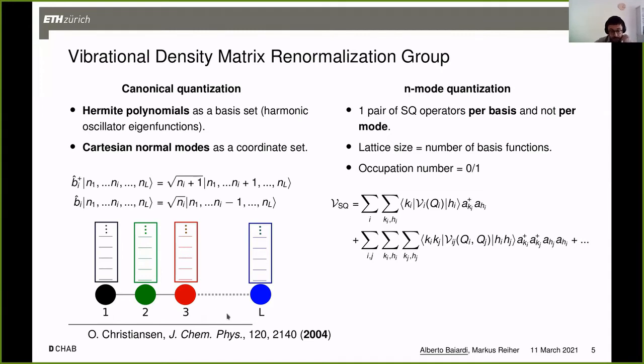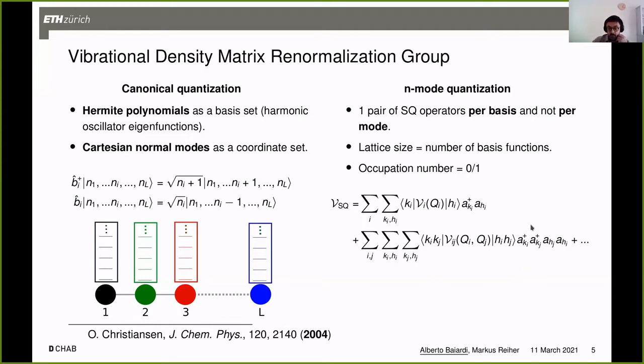And this is the natural entry point to study molecular vibration, but it implicitly relies on the harmonic approximation, both for the potential expansion and for the reference basis function. And this is not the optimal reference for strongly anharmonic systems, which are the ones we eventually want to target.